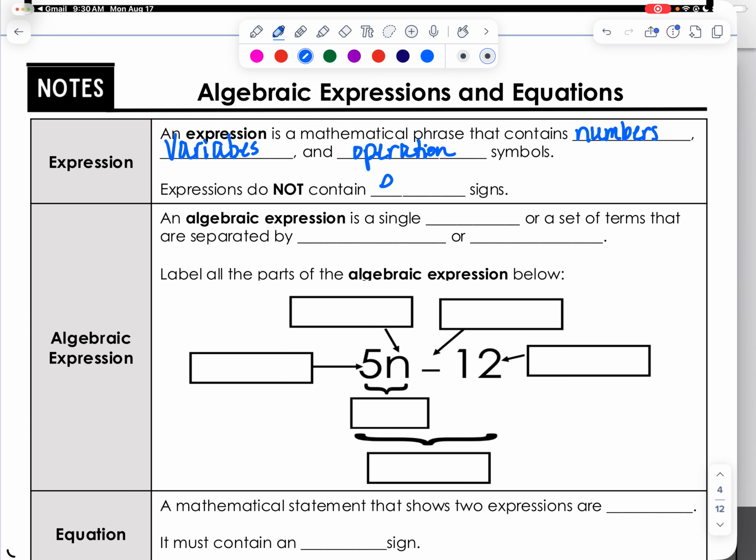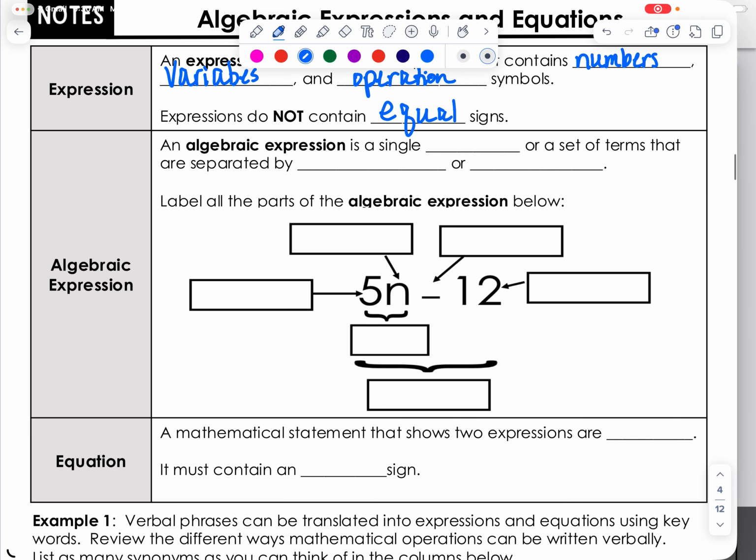Expressions do not contain equal signs. So an algebraic expression is a single term or a set of terms that are separated by addition or subtraction.